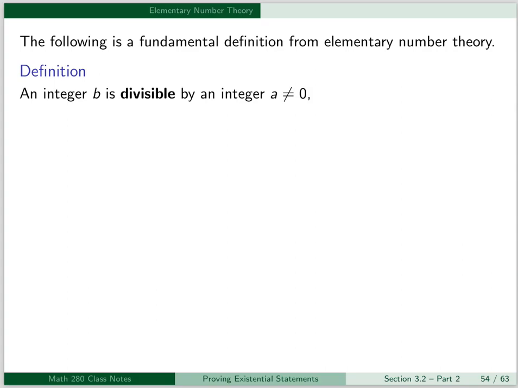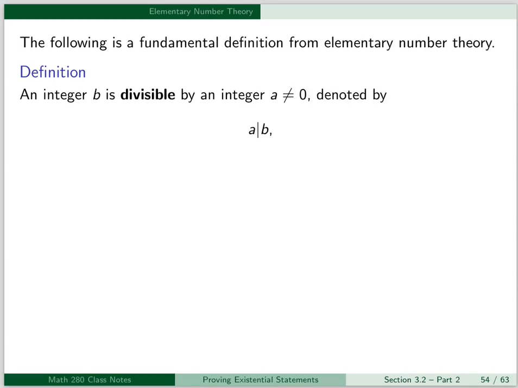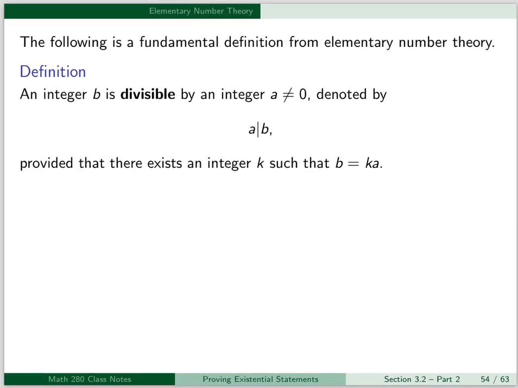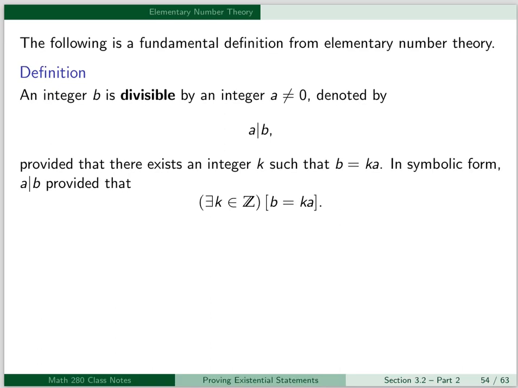An integer b is divisible by an integer a not equal to 0, which is denoted by a, vertical line, b, provided that there exists an integer k such that b is equal to ka. In symbolic form, b is divisible by a provided that there exists a k in Z such that b is equal to ka.